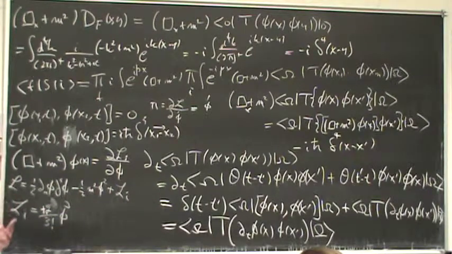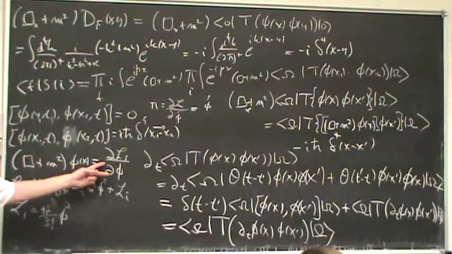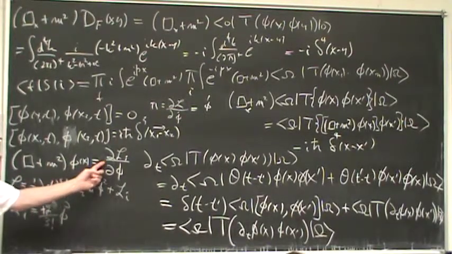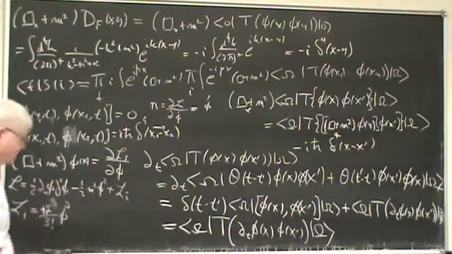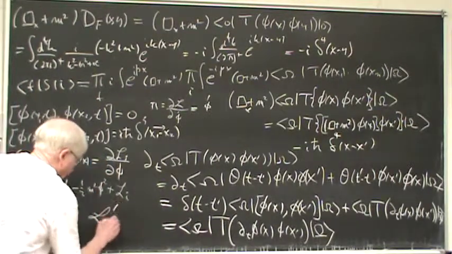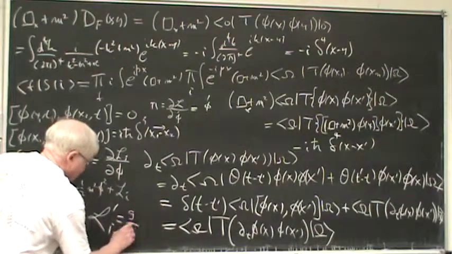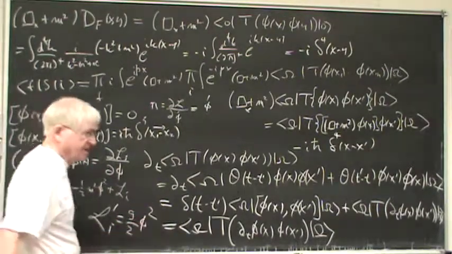And so in the case of the Hamiltonian, it has to be minus phi to the fourth. In this case, where it's simple but unphysical, it can come in with a plus phi cubed, and then you get just g over 2 phi squared as the derivative. So L prime I is g over 2 phi squared.